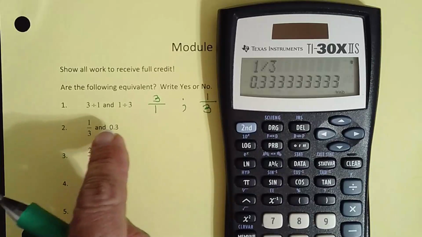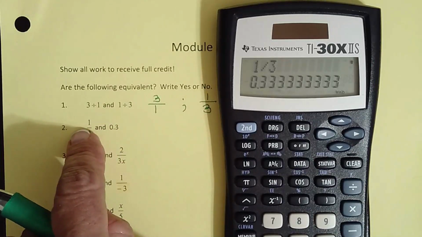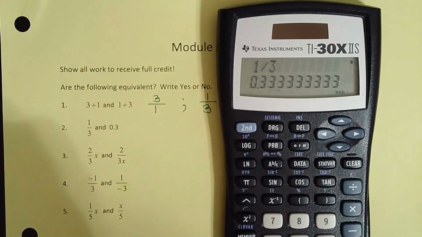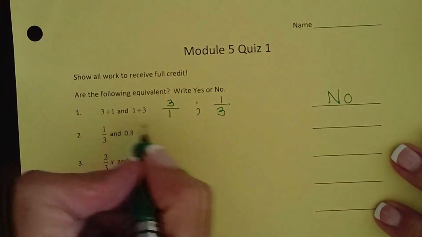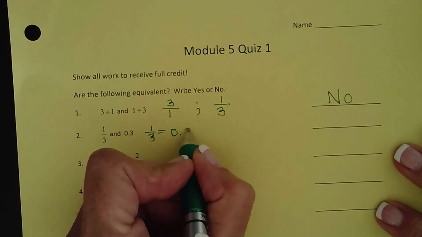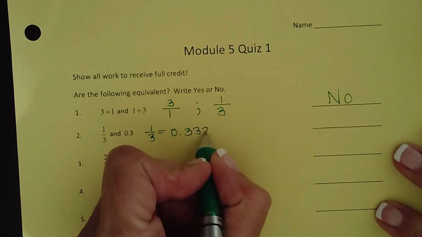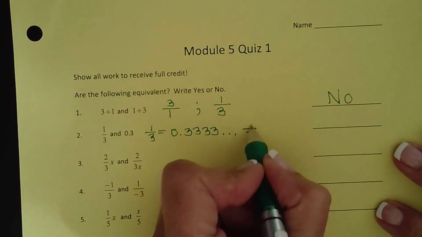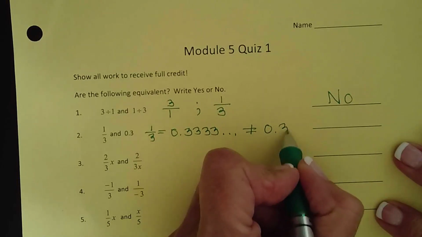Is this an approximation of that? Yes, but approximation does not mean equivalent. So what I would write is 1/3 equals 0.3333 ... is not equal to 0.3.